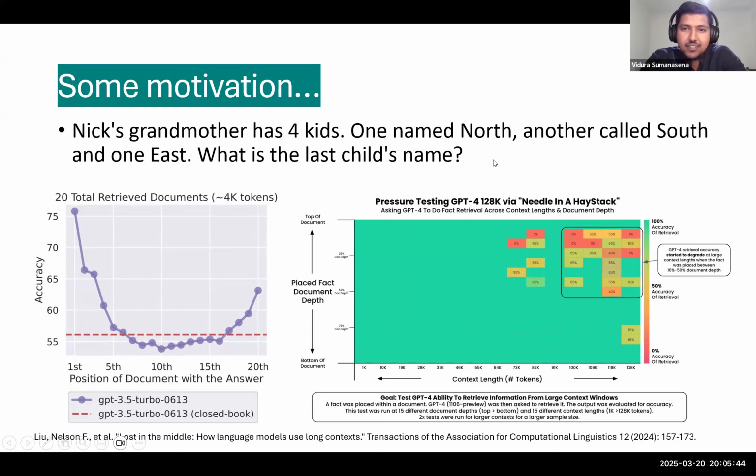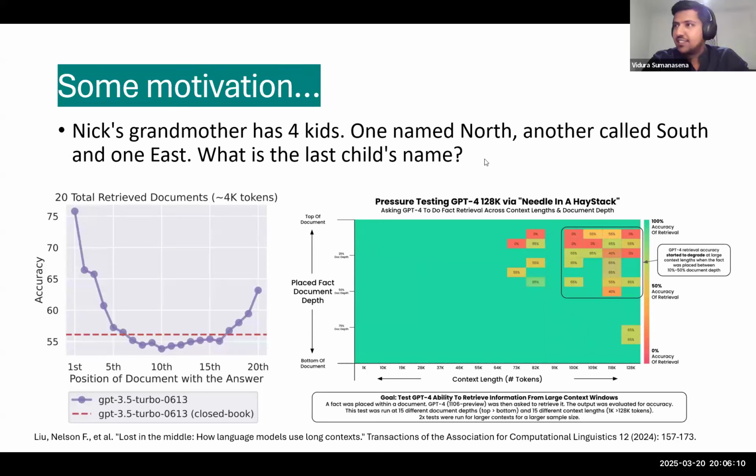Is there an answer here? Michelle says Nick. So is it Nick? Nick is not the 4th child, right? There's no answer here, right? Nick's grandmother has 4 kids, so Nick's mother has 4 kids.